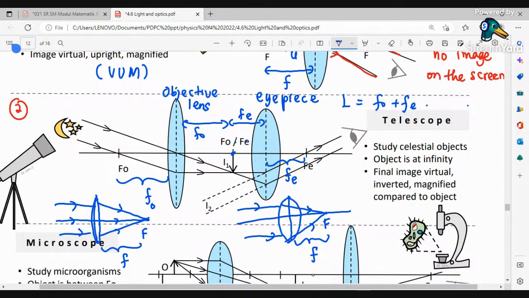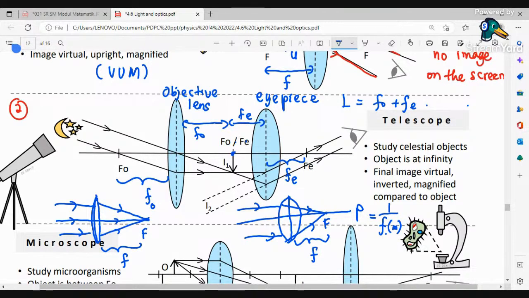Okay, so the ability to converge light is actually the power of a lens. Power of lens equals 1 over focal length. This means the shorter the focal length, the higher the power. Or we can say the thicker one is more powerful than the thinner one.